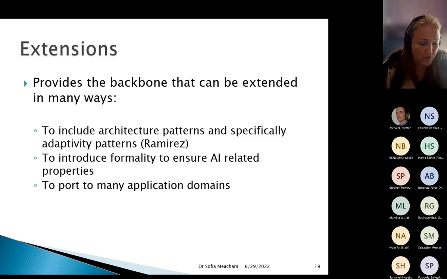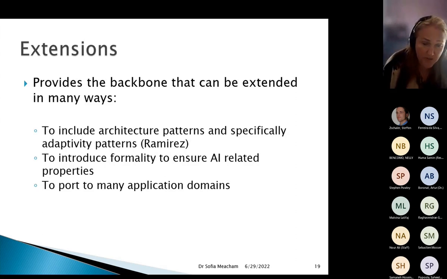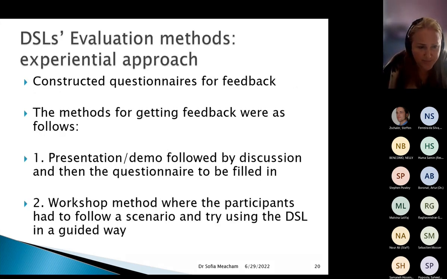One direction is to add adaptivity patterns or algorithms. Another direction is to go into formality. So use some constraints, for example, to initiate formal methods or use languages that are already connected with formal methods, and that would give verified AI, for example, and to port into other application domains.